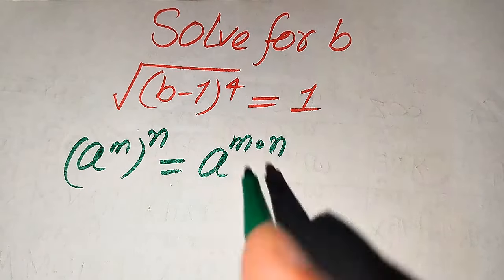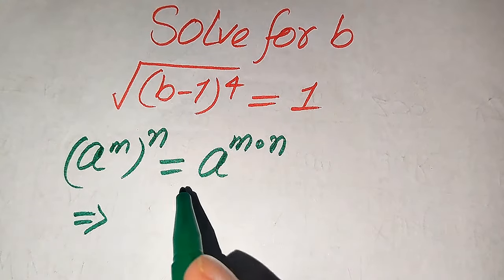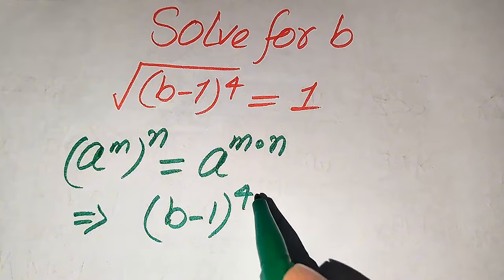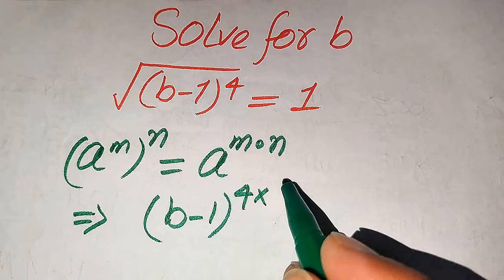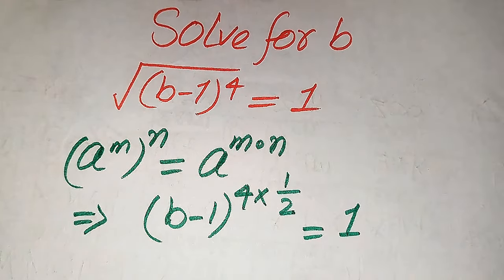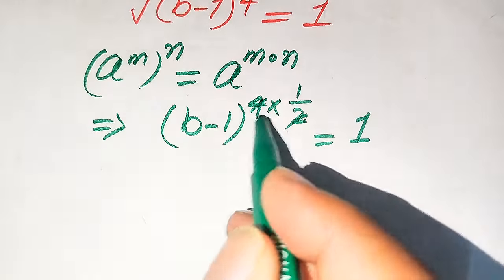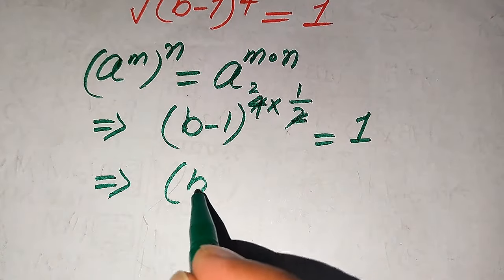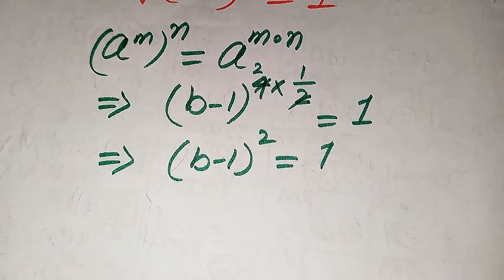So according to this exponential law, we multiply the square root and 4 here, and after multiplication of these two exponents, it will be written as b minus 1 to the power of 4 multiplied by, we write the square root as power 1 over 2, and this is equal to 1. And in the next step, you see these are cancelled out by each other, and we get 2 times 2 becomes 4, and we will get b minus 1 whole square is equal to 1.